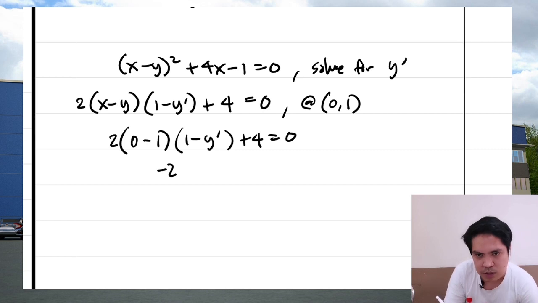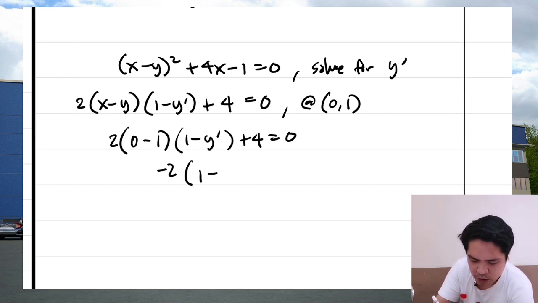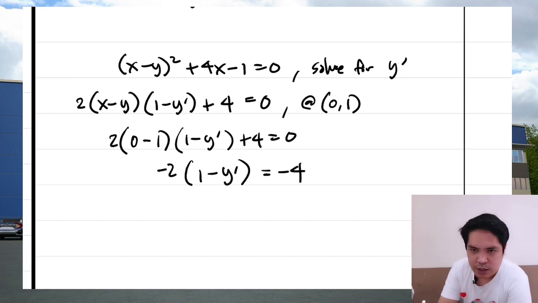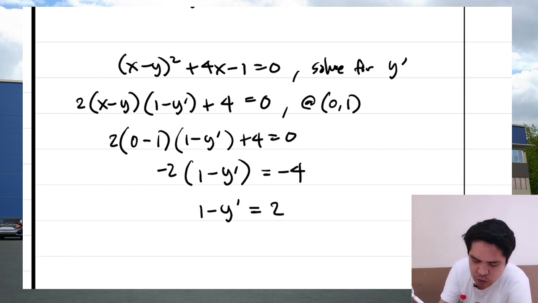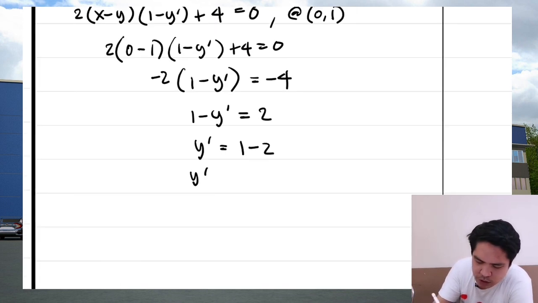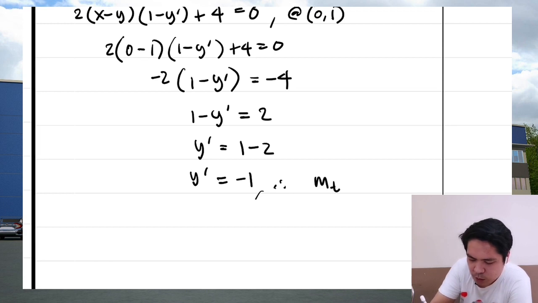So, that's 2 times negative 1, negative 2 times 1 minus y prime, that's equal to negative 4. Let's just transpose. Then, negative 4 divided by 2 is positive 2. So, therefore, y prime is equal to 1 minus 2, or y prime is equal to negative 1. So, if y prime is equal to negative 1, therefore, the slope of the tangent is negative 1.